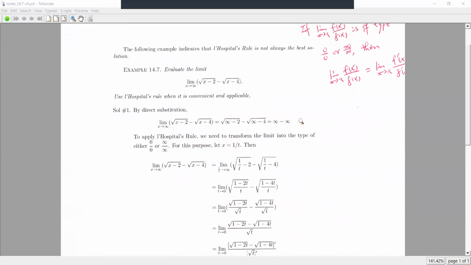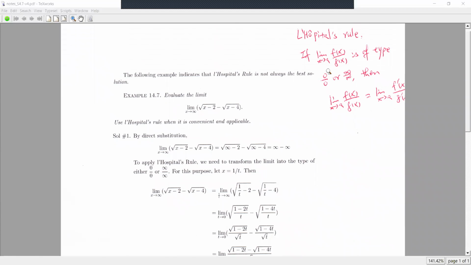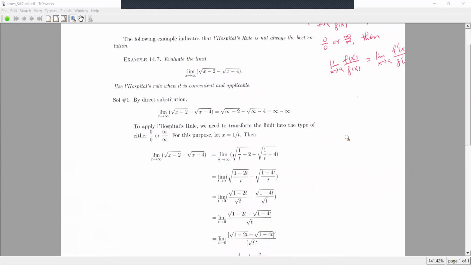Because the type is infinity minus infinity, it is not of the type 0 over 0 or infinity over infinity. So I cannot apply L'Hopital's rule to this limit. So I need to change this limit into a limit of one of those types. For this purpose, I make a change of variable. I let x be 1 over t.